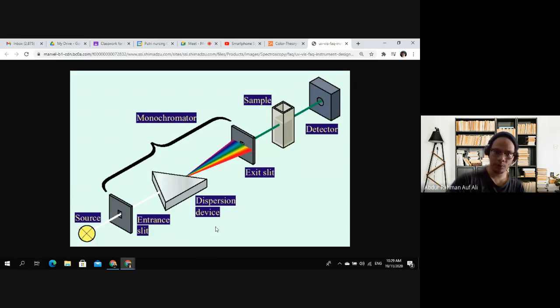So monochromator, from the name, mono means satu, chromator means one color. So kita nak just choose a specific color from the color spectrum. Okay, so this is the purpose of an entrance slit, a prism and an exit slit. Kita nak pilih just one color sahaja, one color spectrum sahaja to go through our sample.